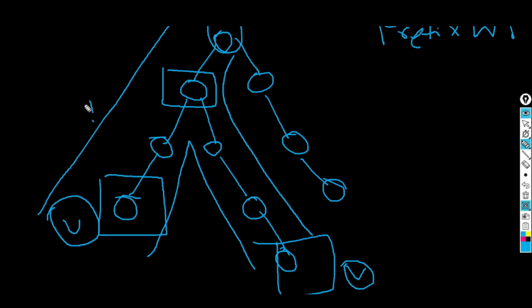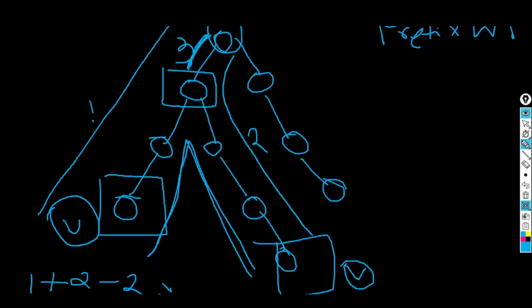If we add this 1 and 2, then we are adding this particular part and we are adding this particular part twice, right? So if we do 1 plus 2 and minus the prefix weight of the LCA node, and we reduce it by 2 times.